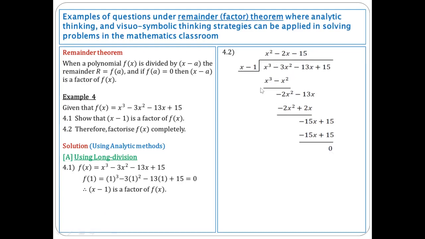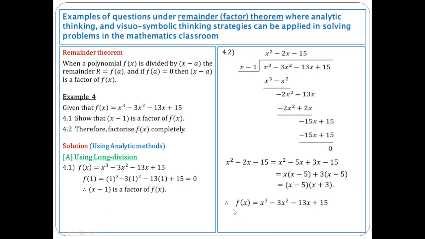What this means is that when you multiply x minus 1 with x squared minus 2x minus 15, you will get the function. And therefore, we now look at this quadratic expression and factorize it further. Here we are using the grouping method to determine the factors as x minus 5 times x plus 3.